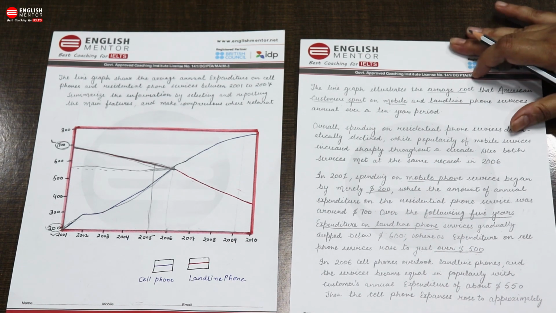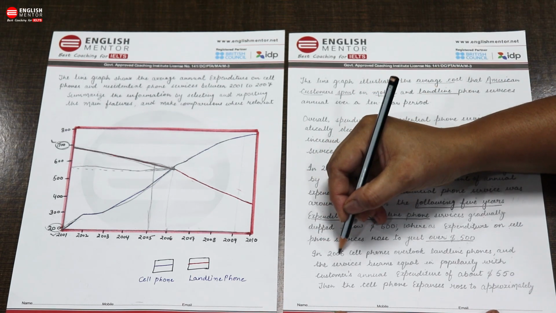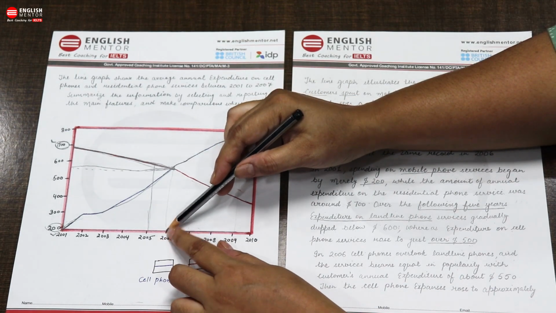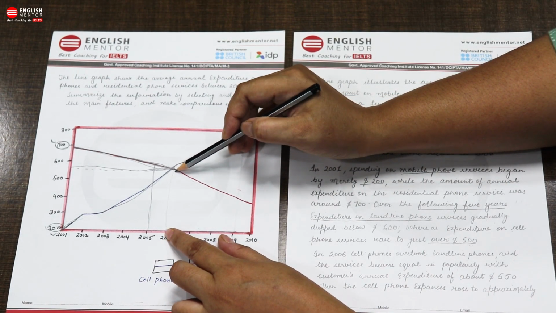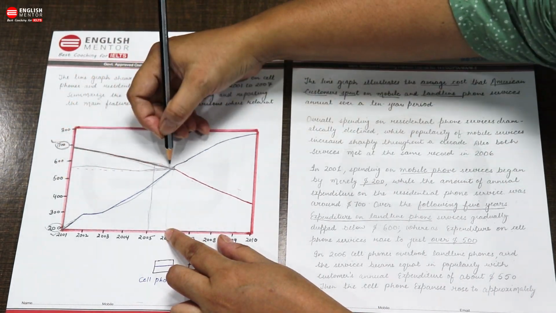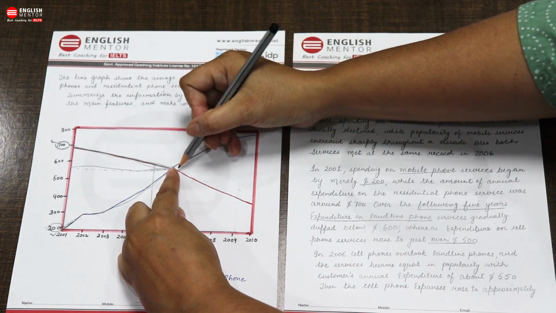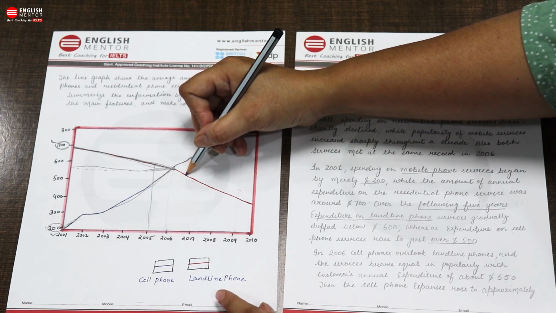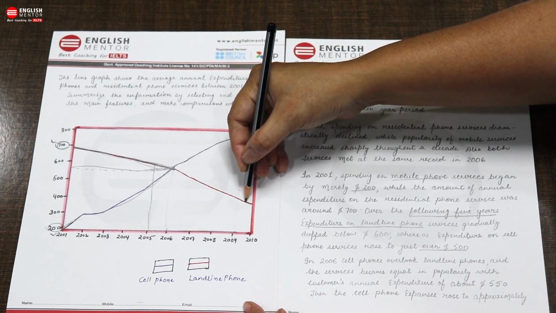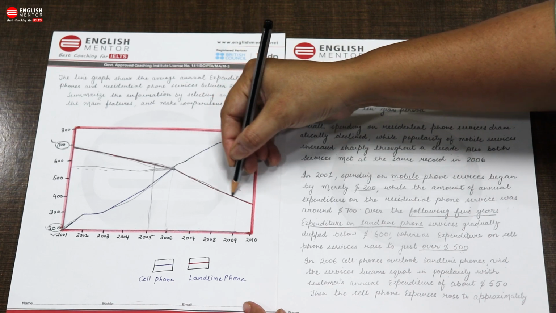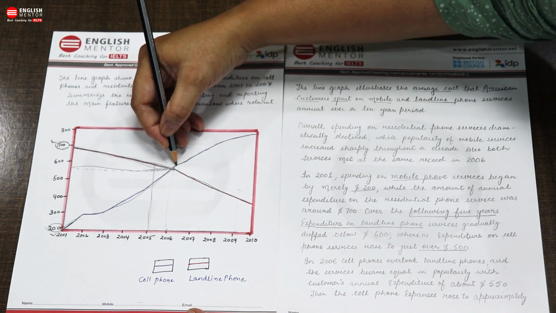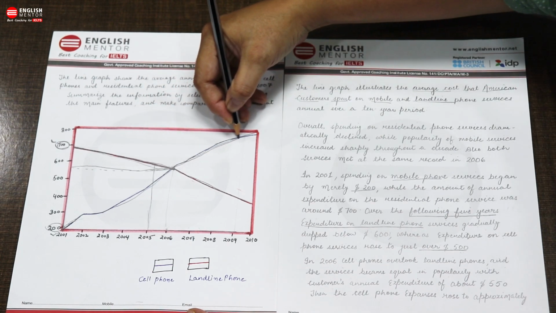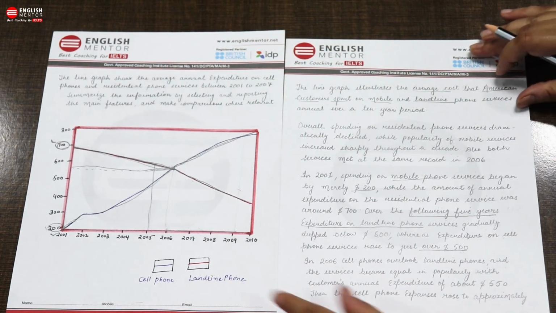Now we'll move to the next part. In 2006, cell phones overtook the landline phones. Up to 2006, both the lines intersect at one point. After 2006, residential phone services declined, whereas we can see a rise in the expenditure on cell phone services.